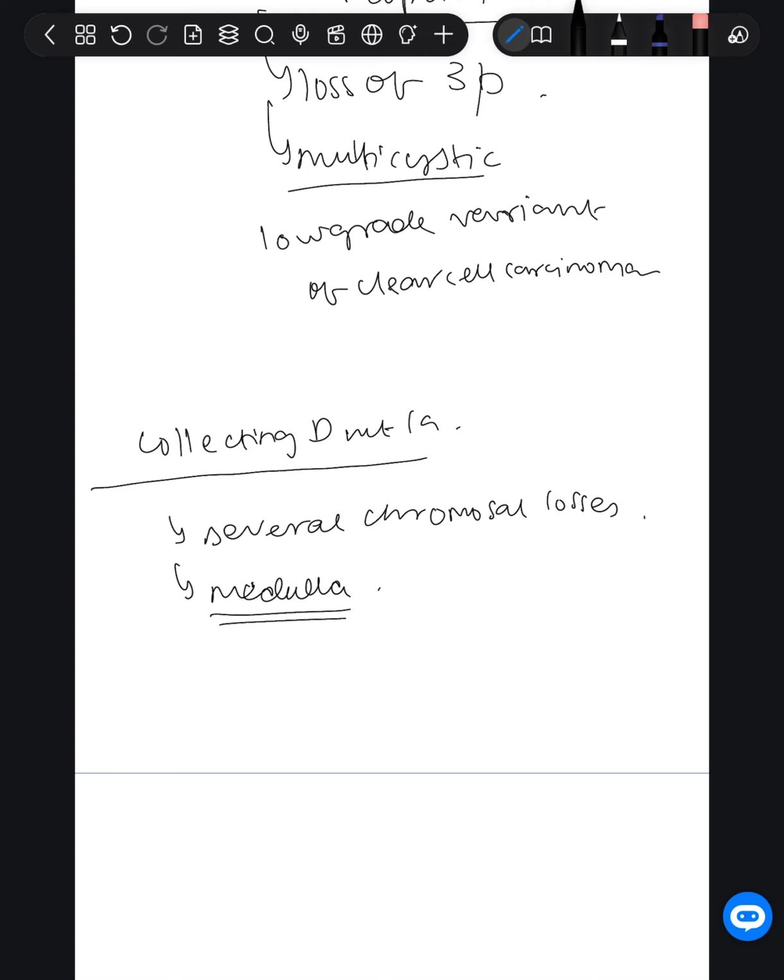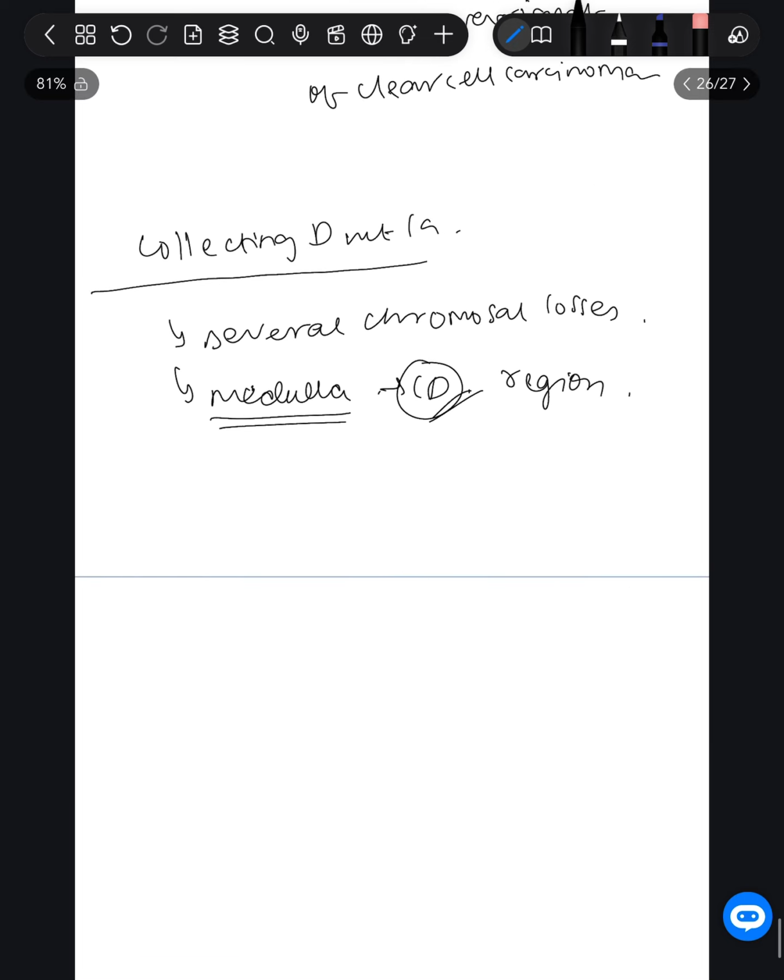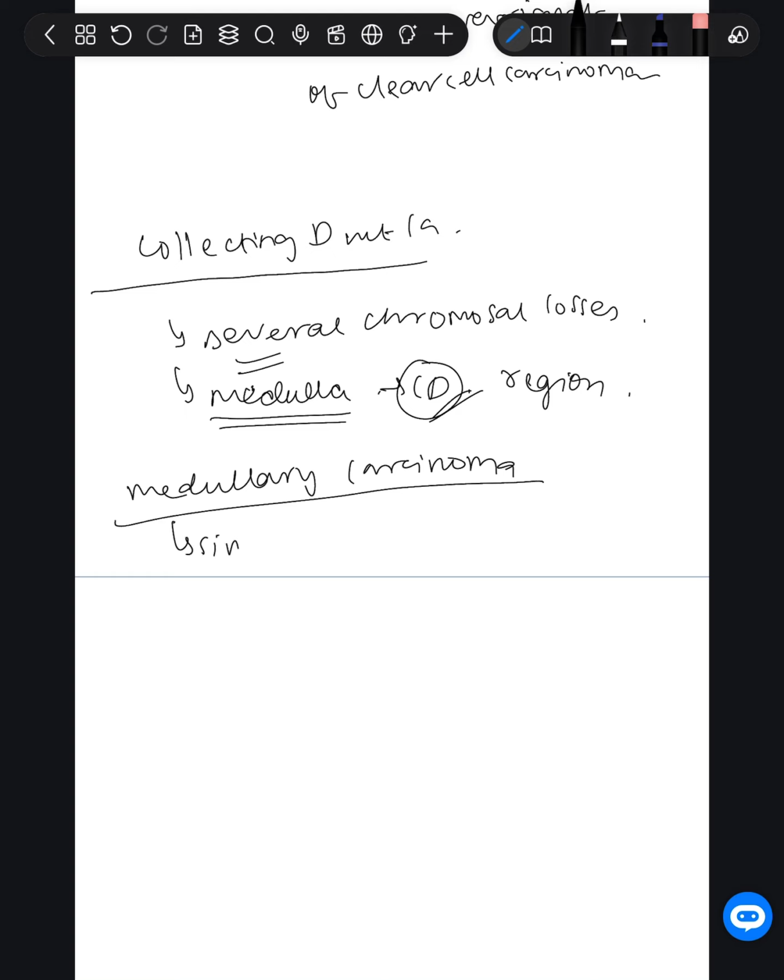We know the medulla primarily has collecting ducts, so these several chromosomal losses cause carcinoma of the medulla region, the collecting duct. Then we have medullary carcinoma. It is very similar; as I said, this also occurs in the medulla, so it is very similar to collecting duct carcinoma.